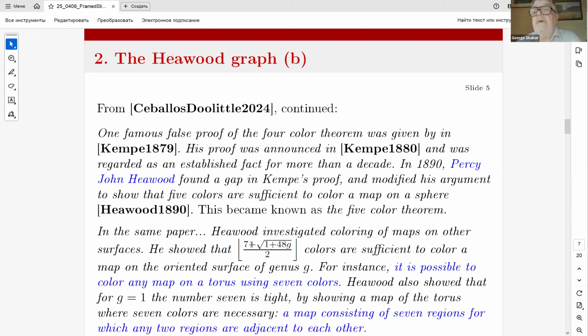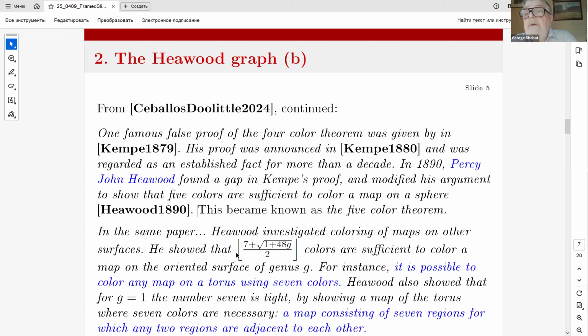He considered the covering of surfaces of higher genera and introduced this nice function of the genus G, and it is important to plug G equals 1 there, just to see that this number is exactly 7.